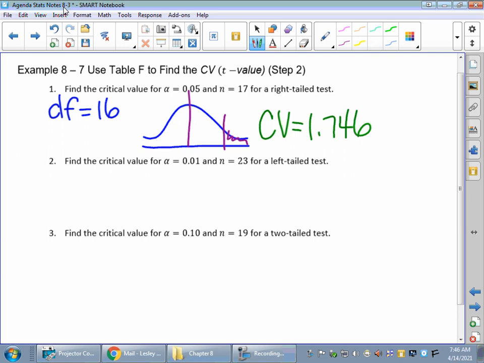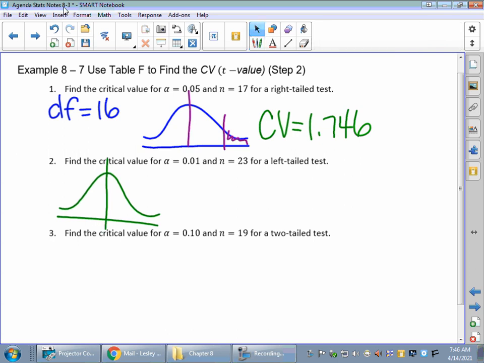So left-tailed, alpha is 0.01, so it's going to be shaded down here. And our degree of freedom is 22. Don't forget that. So it's a one-tailed test, so I'm going to go to 0.01 for a one-tailed test. And I'm going to go to my degree of freedom of 22, which is going to be like a 2.508.